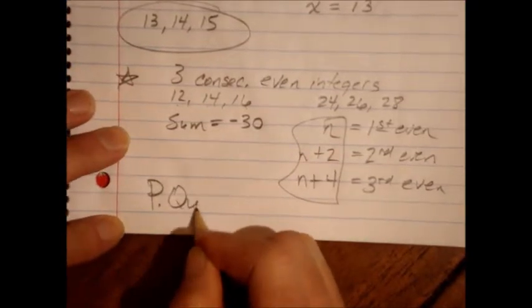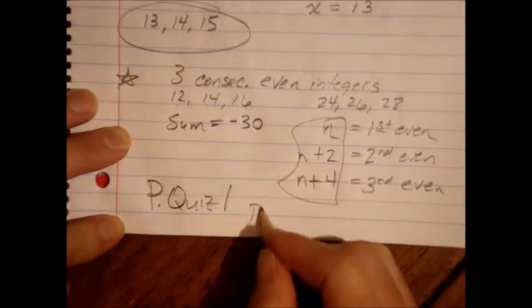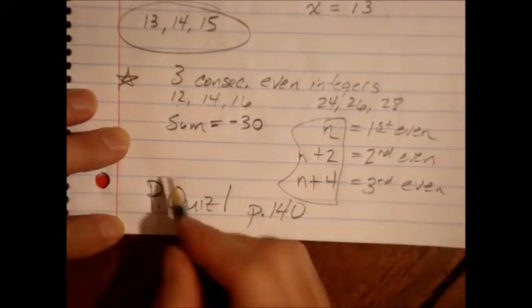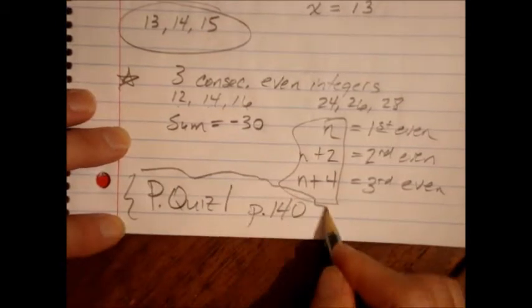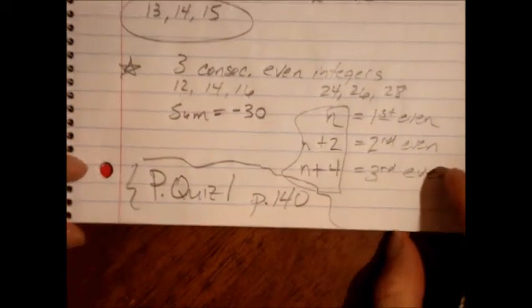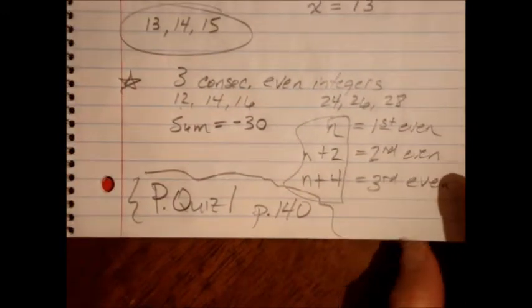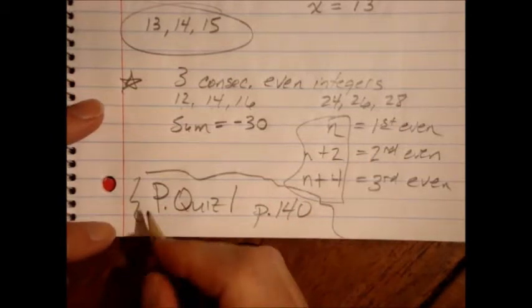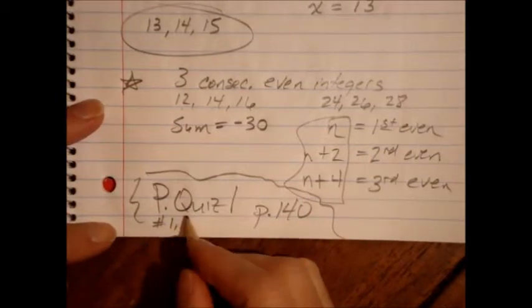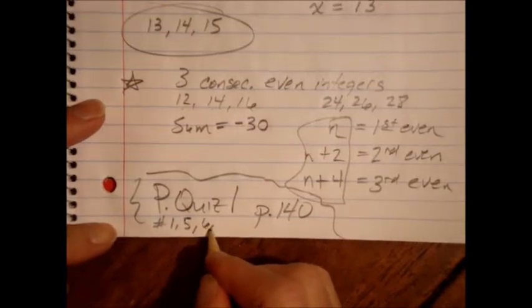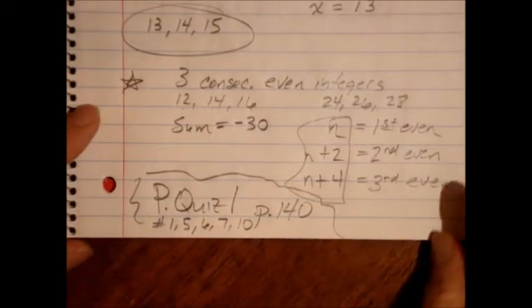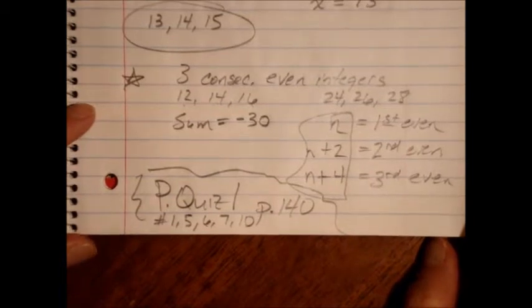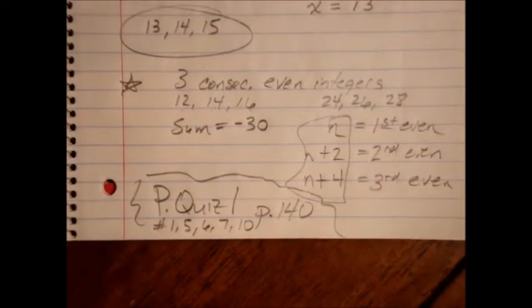Particularly, would you make a note of number 1, 5, 6, 7, 10. I am going to force Eli to very briefly read through that with his eyeballs. We're going to take a quiz tomorrow, a big nasty quiz.